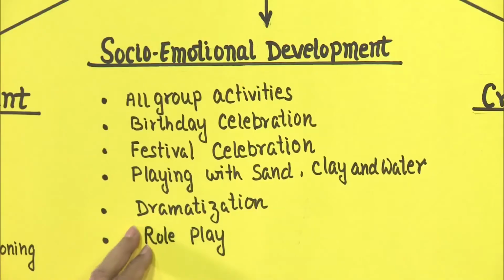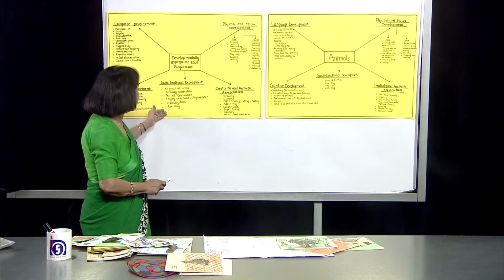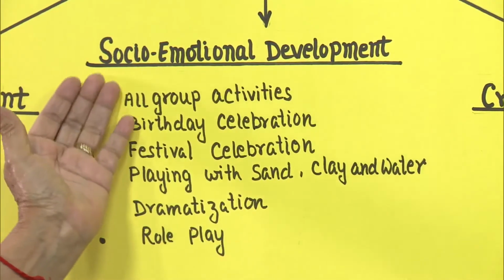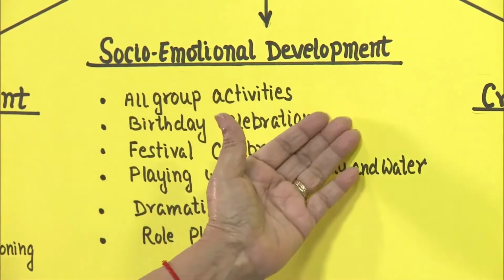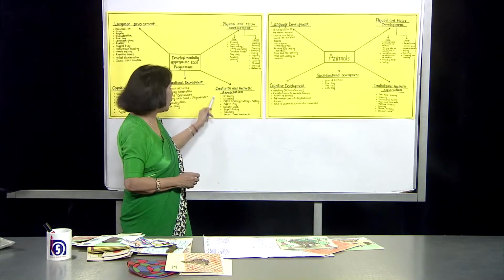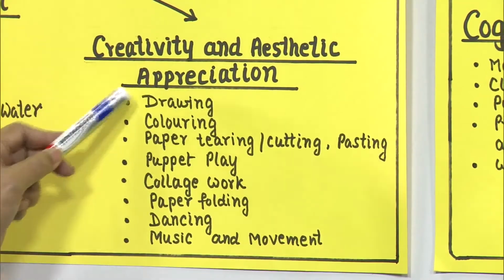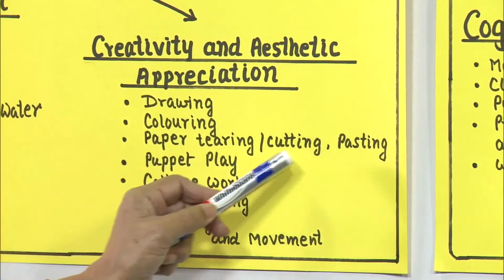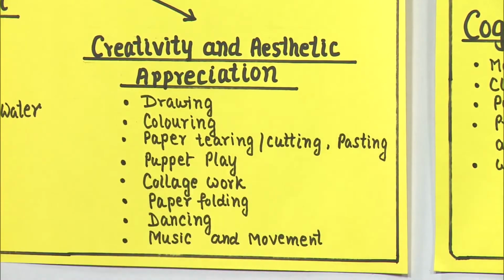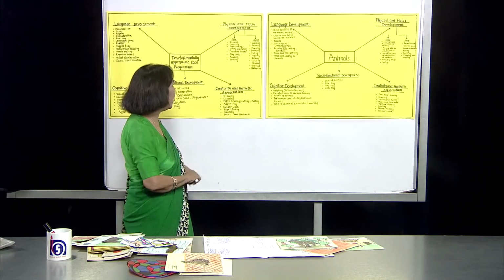So, dramatization and role play. With this exercise we can develop their social and emotional development. Then come creativity and aesthetic appreciation. All creative activities, drawing, coloring, paper tearing, cutting, pasting, are for creativity and aesthetic appreciation.